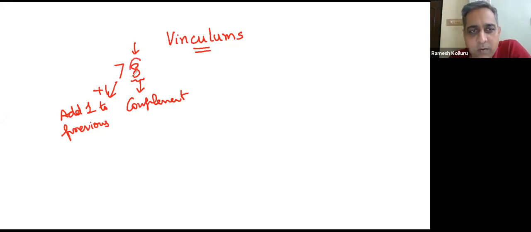I take the complement of this part and add 1 to the previous digit. So this becomes 8 and 2 bar. This type of number is called a vinculum number, where in the same number we have some positive digits and negative digits.